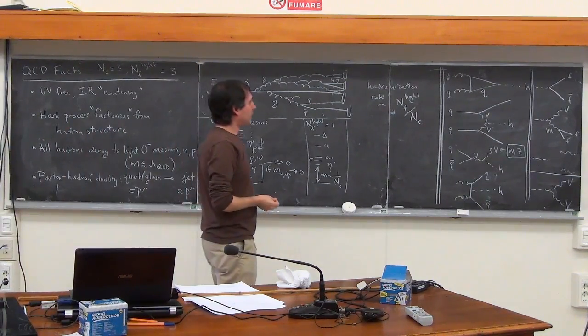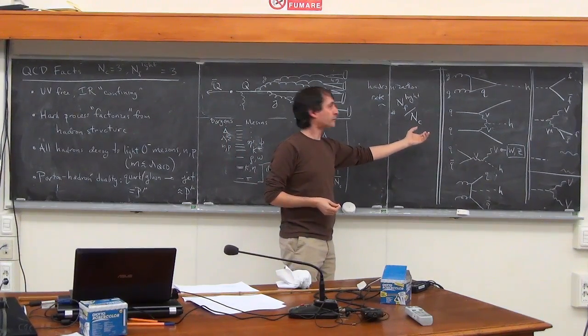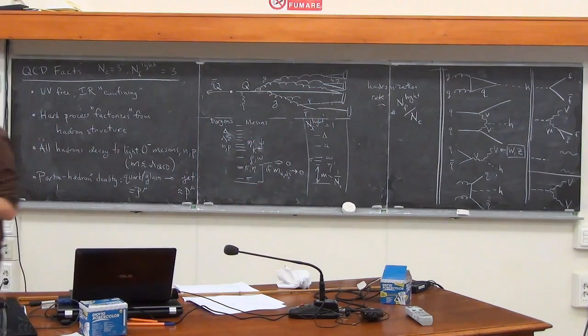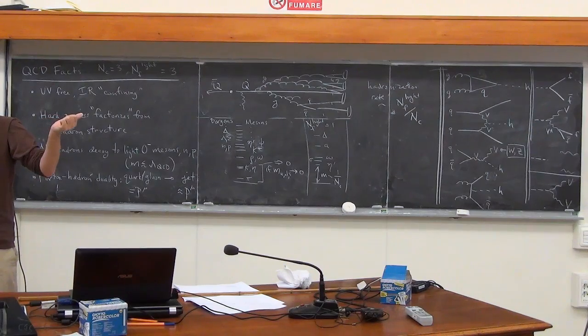So, now what would happen if NC were really, really large, and NF light, let's say just 2 or 3, and so the hadronization rate is slowing down. Okay, so produce this quark-antiquark pair, they move apart, and they start to discover that they're not allowed to exist on their own.